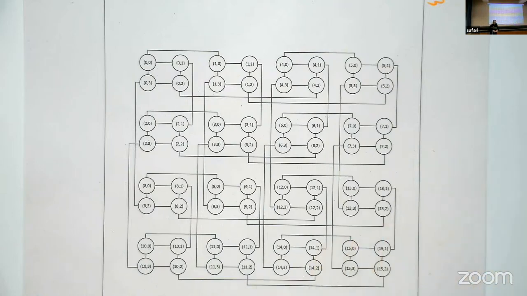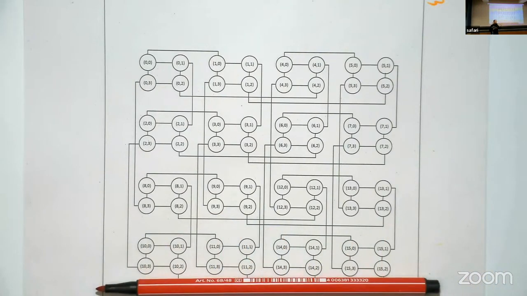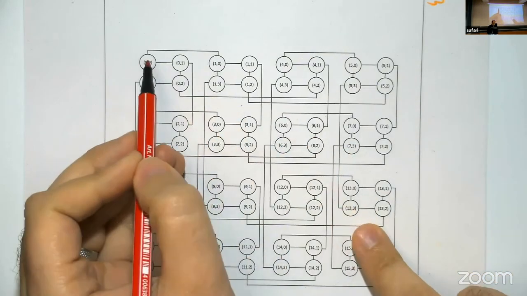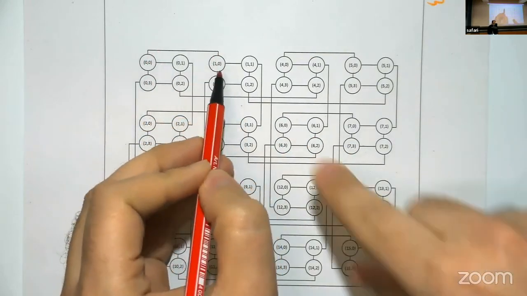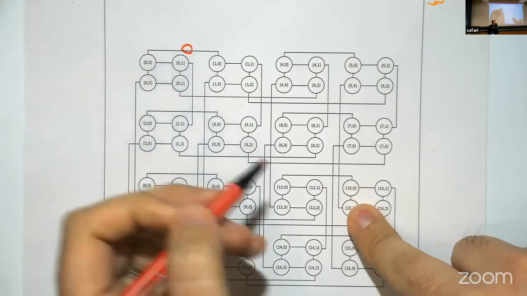When we want to route a packet from source to destination in this topology, we go, for example, one hop in the hypercube. If we again take a hop in the hypercube, we will get back to the previous position, because, for example, from here I take this hop to this node, and this link is in the hypercube, right?